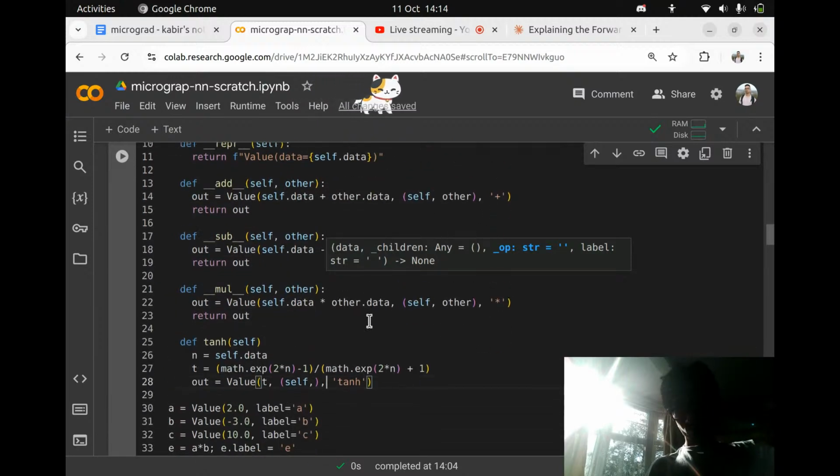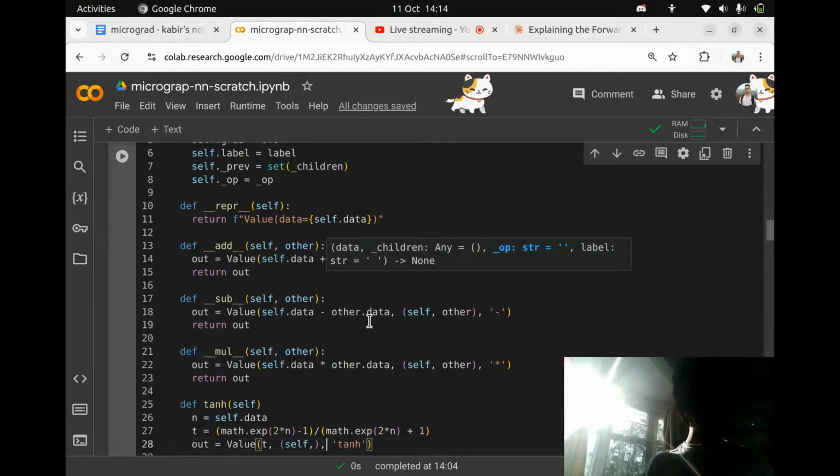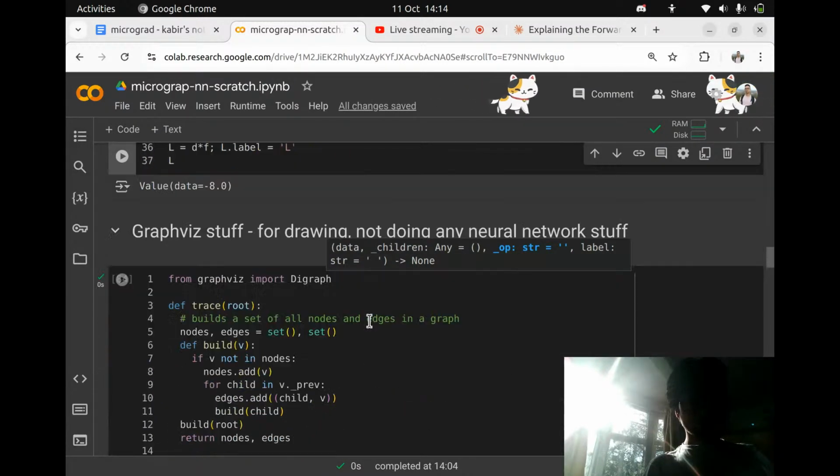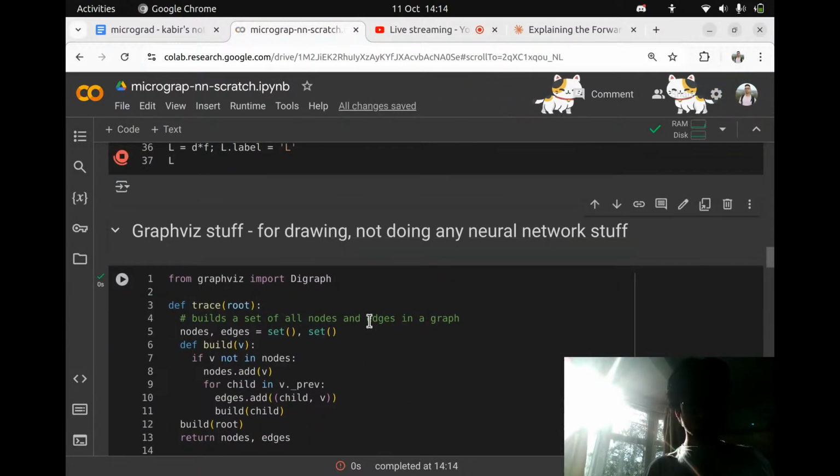So now values should be implementing tanh. And now we can scroll all the way down here, and we can actually do n.tanh, and that's going to return the tanh output of n.